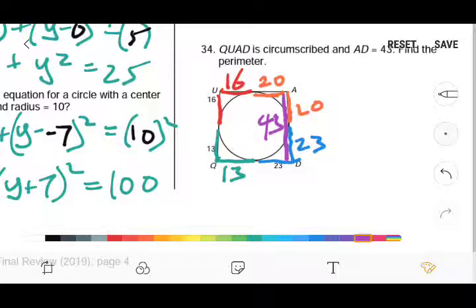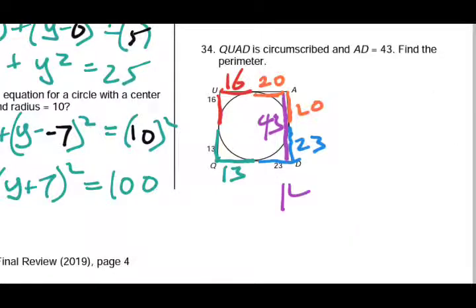So to find the perimeter, you just add all these up. It's going to be 13 plus 13 plus 23 plus 23 plus 20 plus 20 plus 16 plus 16. So that's 144. Is the perimeter.